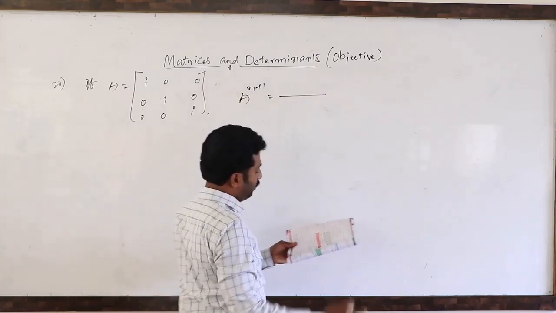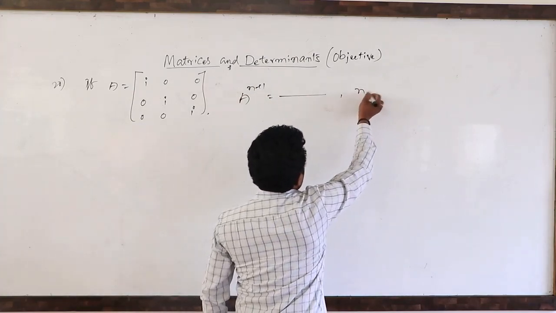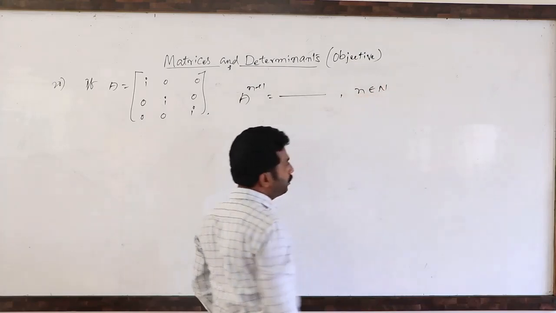What is that matrix? Here n belongs to natural numbers.